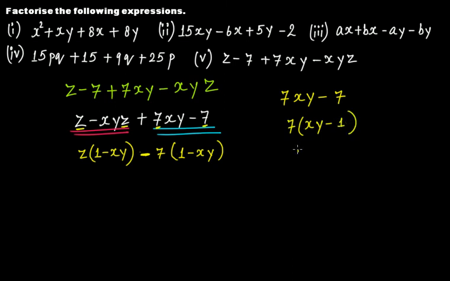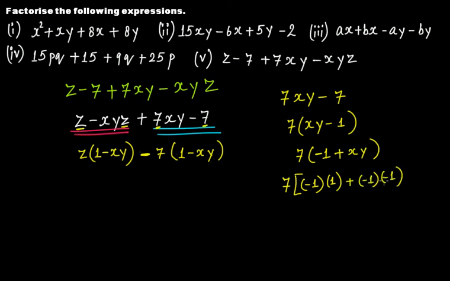Now I can write this as 7 times minus 1 plus xy. Now this is basically what? 7 times minus 1 multiplied by 1. We can write this minus 1 as minus 1 multiplied by 1. Any problem? No. Plus minus 1 multiplied by minus 1 times xy. This is basically what? 1 only. Any problem?